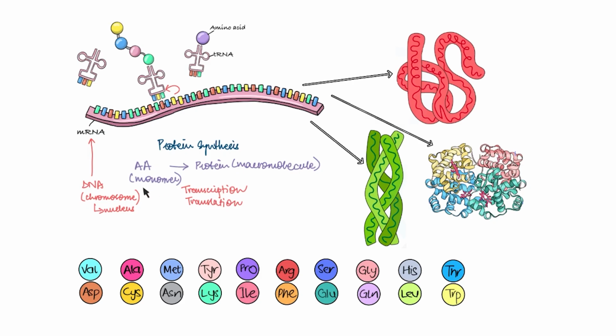The monomers making up protein are amino acids, and within any living organisms, there are only 20 amino acids available. So no matter how complex a protein might be or how different one protein will be from another protein, the internal structure of that protein is going to be made up from the same amino acids.